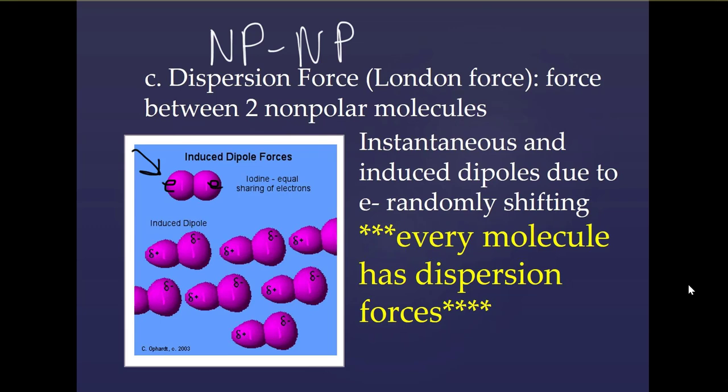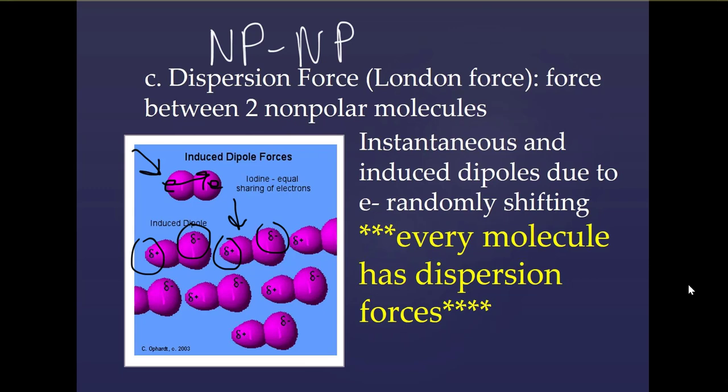But for whatever reason, for a split second, the electrons might get stacked up on one side. And when that happens, we create a temporary dipole. And if it's in close proximity to the next molecule, it will cause that one to be a dipole or a polar molecule. And so this will spread throughout the whole liquid or the solid. And so this will hold those nonpolar to nonpolar molecules together.